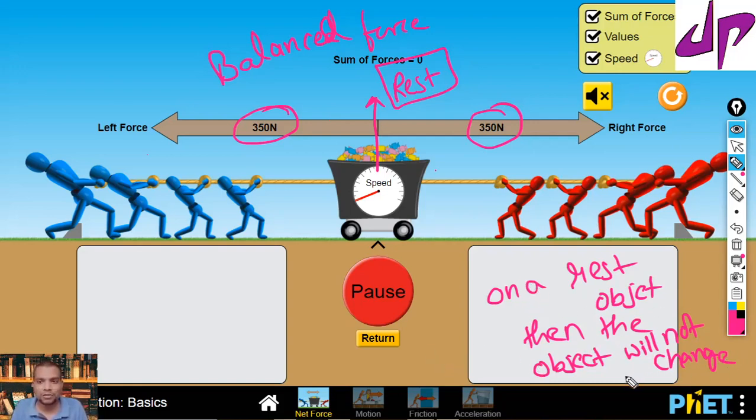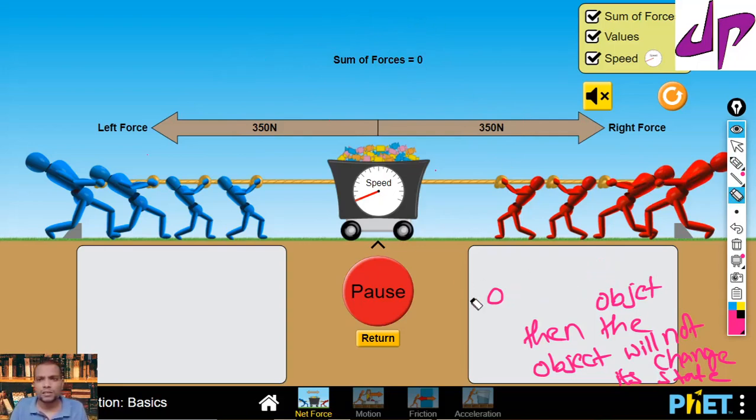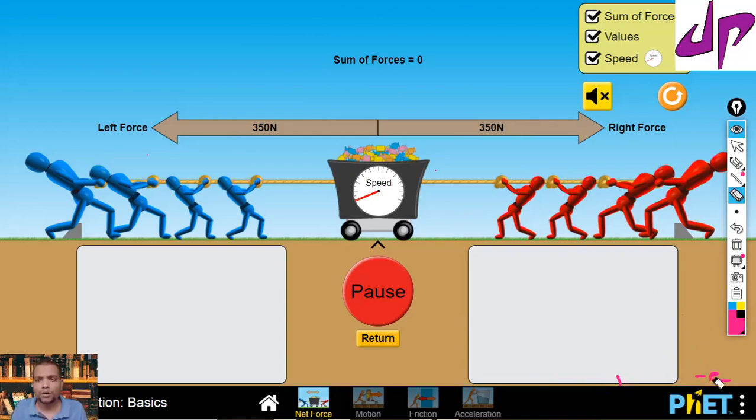That's the correct word you have to mention: the balanced force won't change the state of the object. You can continue this forever, but the cart won't move at all.